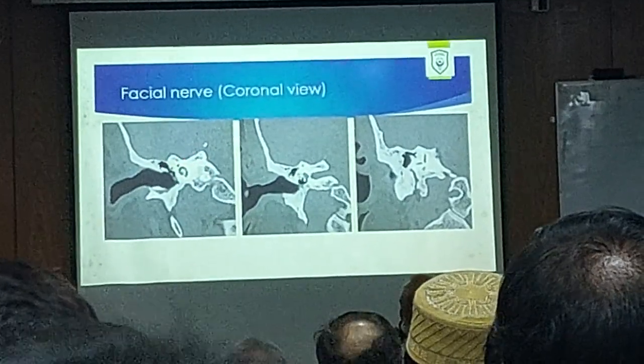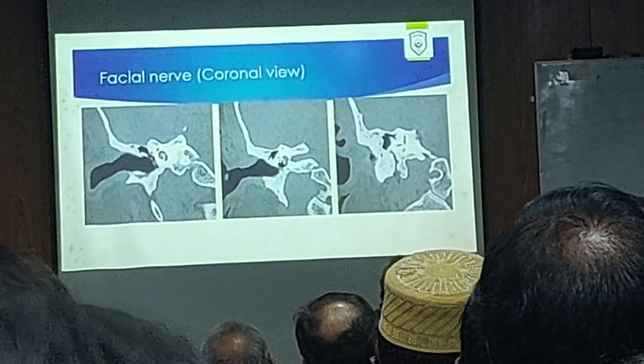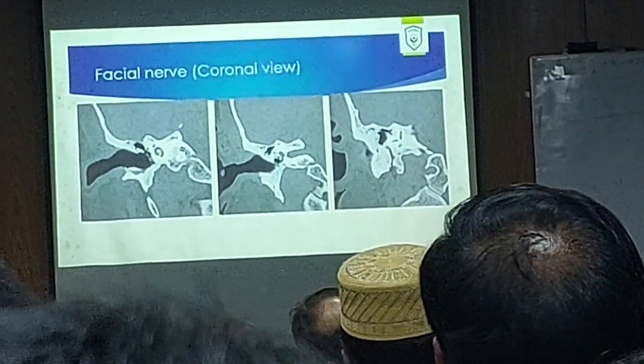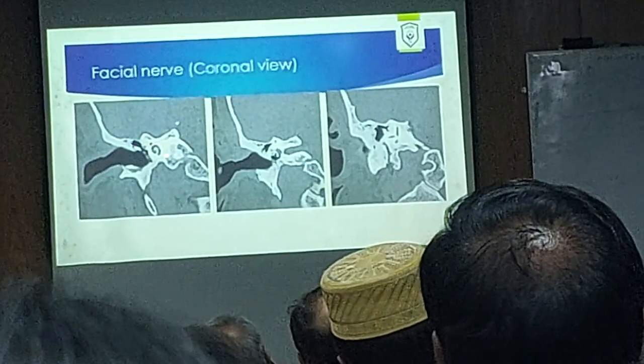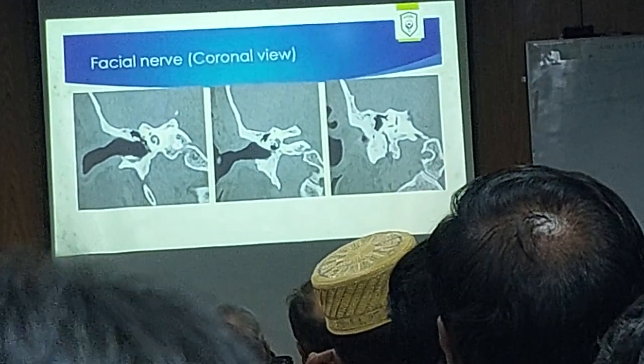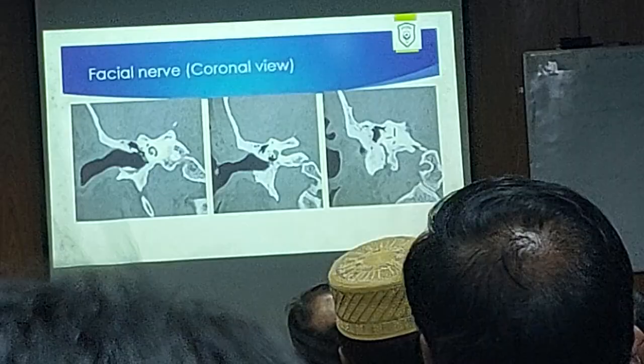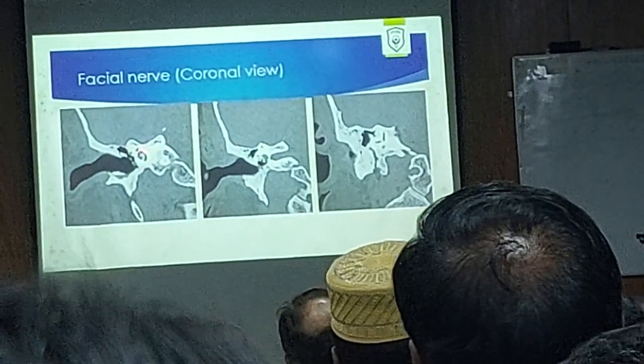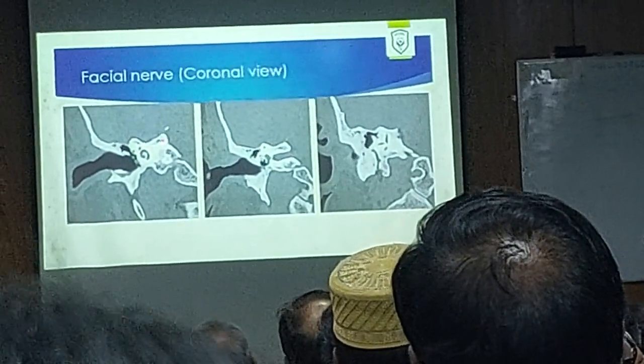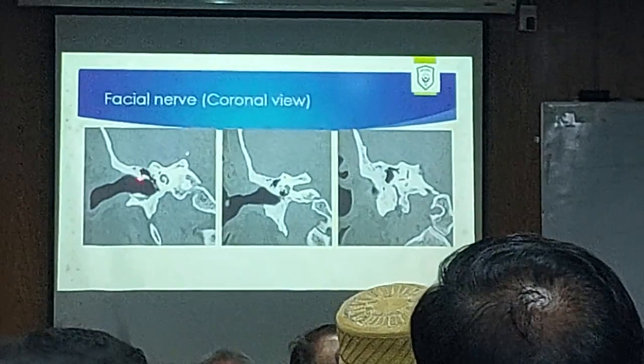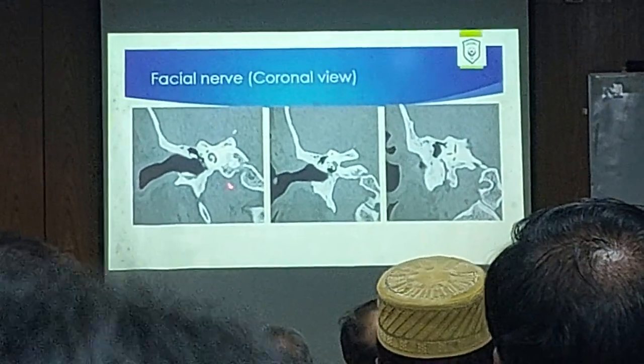In the coronal section, as I mentioned earlier, this is the longest, the cochlea, and these are the two eyes. See, this we call the snake eye appearance. The medial one is the labyrinthine segment, the lateral one is the tympanic segment.